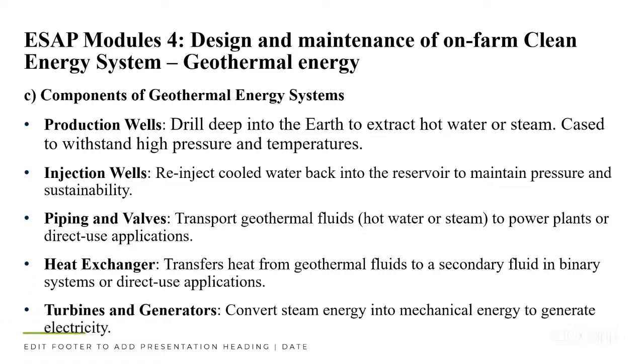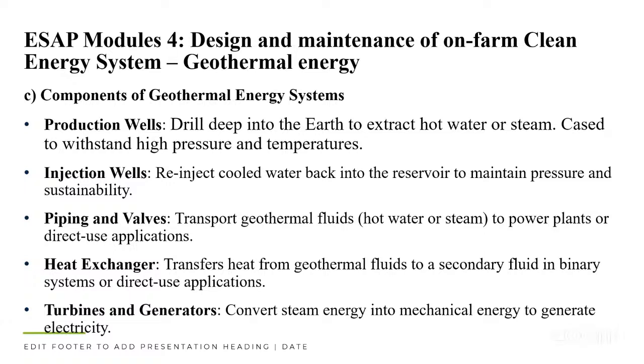You also have the piping and valve system, because if water is extracted and it has to be transported for heat extraction to another place, then you need a lot of piping and valves to tie the pipes, because if you have a 50 meter or 100 meter distance to be covered, then you need several pipes, and that will require several valves also to tie the different pipes.